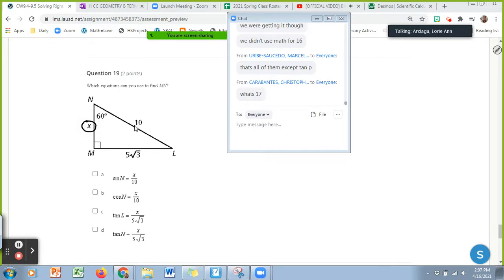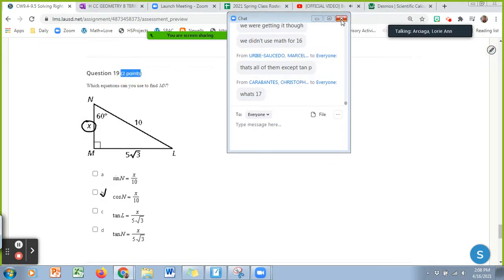Letter A is wrong because it doesn't use the x that you need. Sine N is not x over 10. You have to figure out which formula was set up correctly. Cosine N for 60 is adjacent over hypotenuse, so you know that this is right. You have to check one by one if the formula is set up correctly, but you need to find one more because it's 2 points.